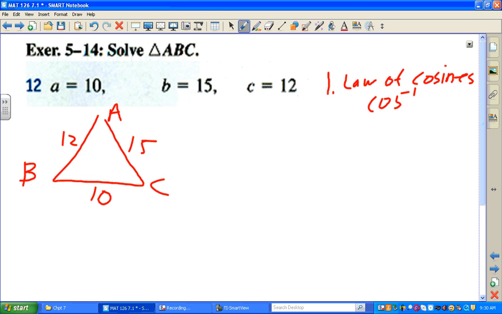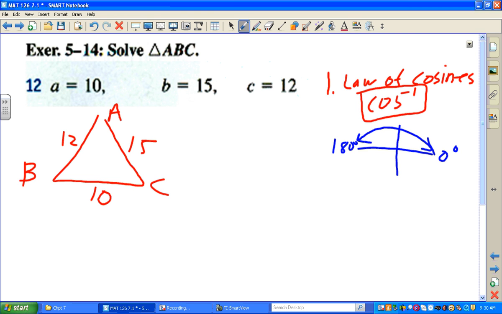Do you know why? The inverse goes between what two quadrants? First and second. So, 0 degrees is over here, and 180 over here in the second. Inverse cosine will tell you if the biggest angle is obtuse or acute.